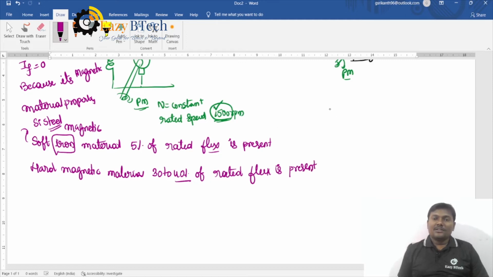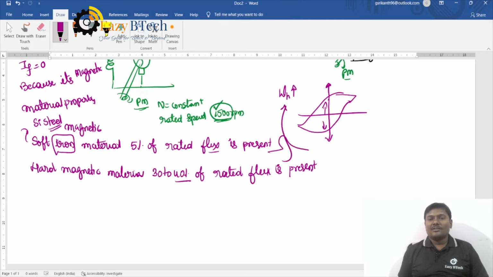The soft magnetic material, soft iron, is silicon steel. But for the hard magnetic material, the hysteresis loop is larger, so the hysteresis loss is more. If you go for the soft magnetic material, the hysteresis loop is smaller, which means the hysteresis loss is less.